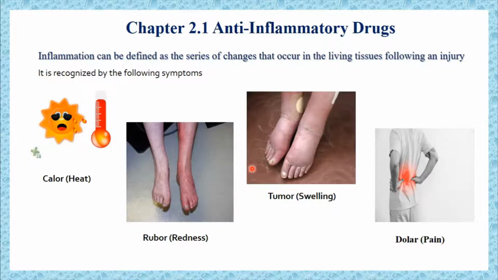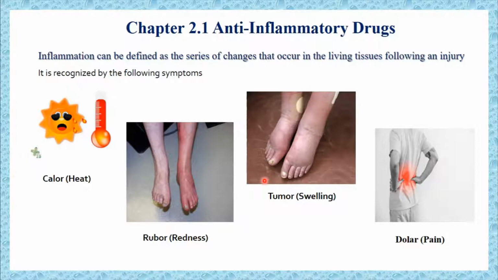Now you can easily define what are anti-inflammatory drugs. You can simply say that the drug which is used for the treatment of inflammation, that is heat, redness, swelling, or pain, that drug is called as anti-inflammatory drug.